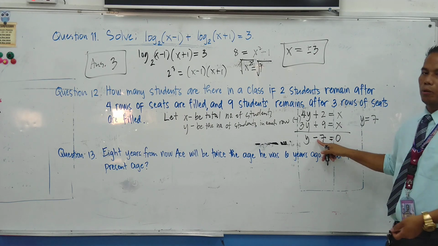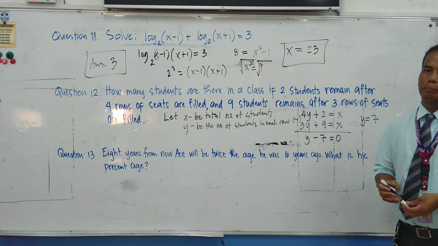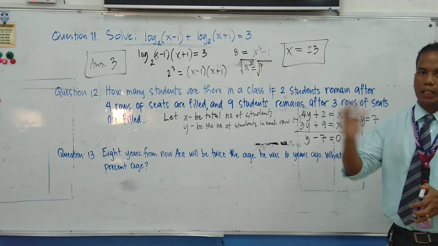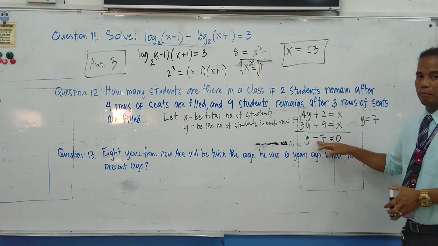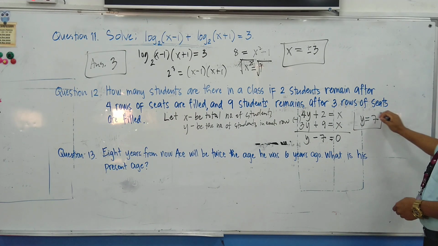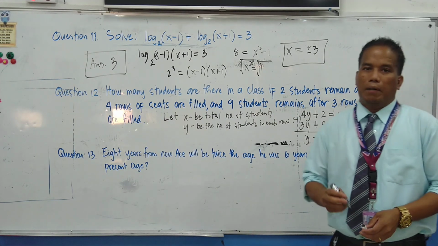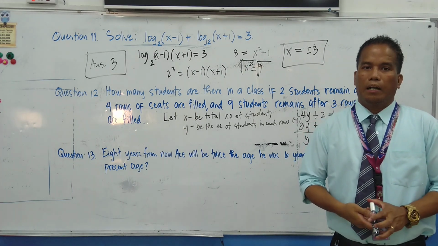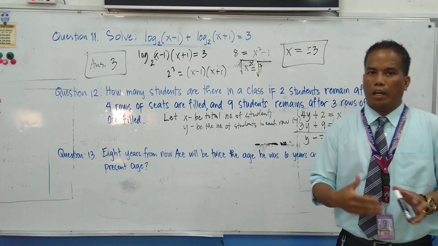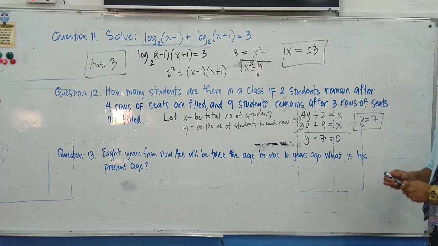We will apply the addition property of equality by adding positive 7 to both sides to eliminate negative 7 here. So the result is y equals 7. Now, if the value of y is 7, we can find out the value of x. So we just do substitution here.